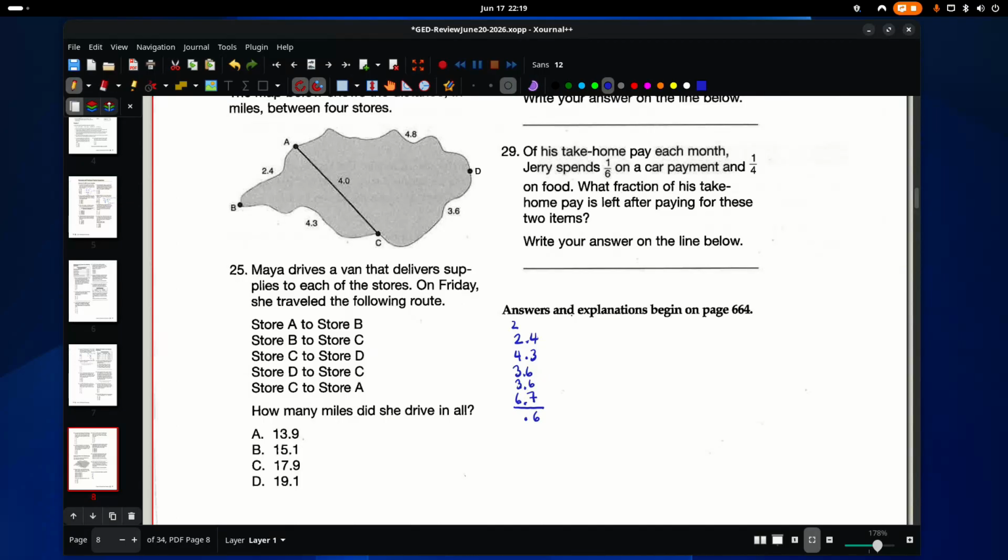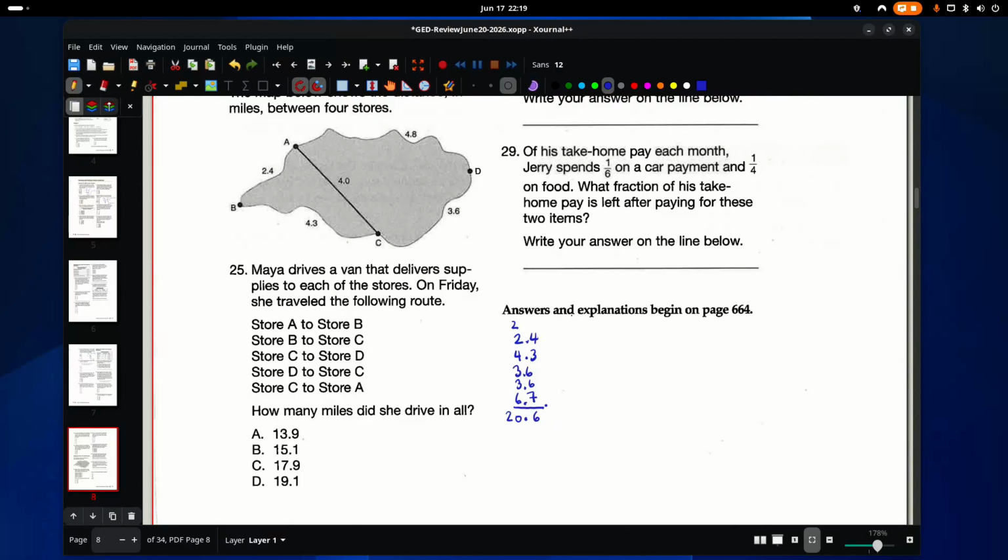Then we've got 6 plus 3 is 9, plus 3 is 12, plus 4 is 16, and then plus 2 is 18, so we get 20. So 20.6, that looks about right.